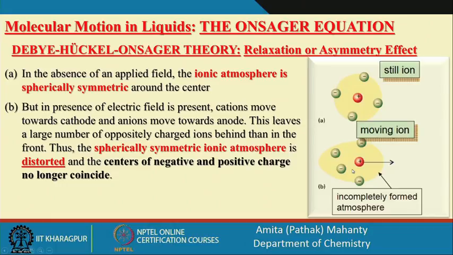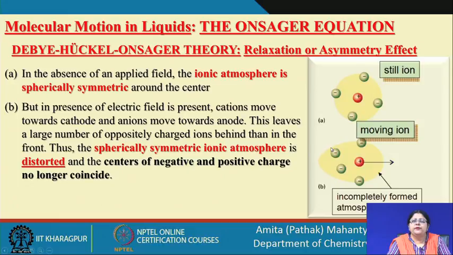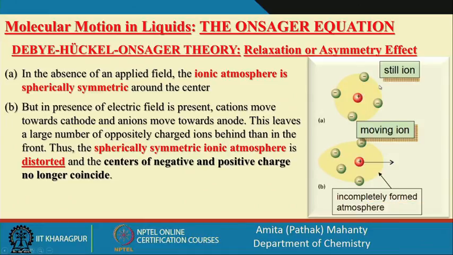Let us look at this. In the absence of an electric field, the ionic atmosphere is spherical and symmetric around the central ion. But in the presence of an electric field, cations move towards the cathode and anions move towards the anode. We are focusing only on the positive charge. Obviously, you will have a negative charge very close by, but we are focusing on one particular central ion to have a simplistic picture.